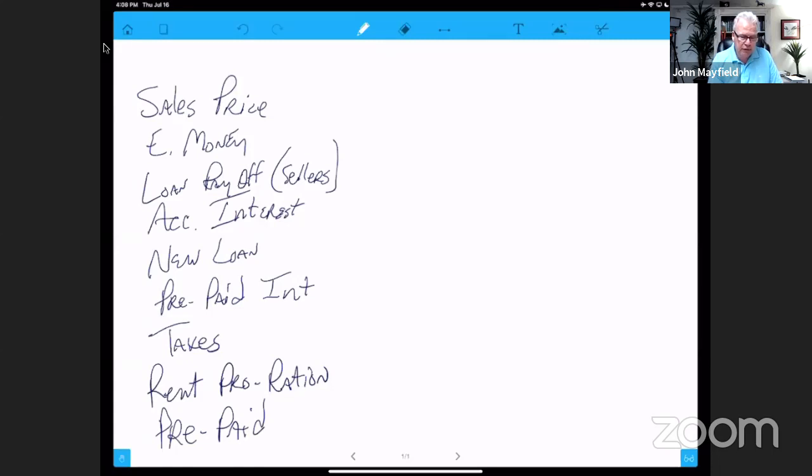So let me go through some of these again with you. Each side will have debits and credits. If you're a seller or a buyer, you're going to have debits and credits. So they may have questions that just want to know, how is the sales price shown on the closing statement?